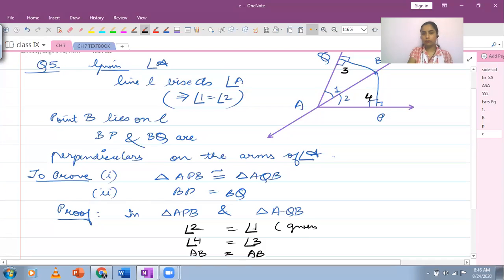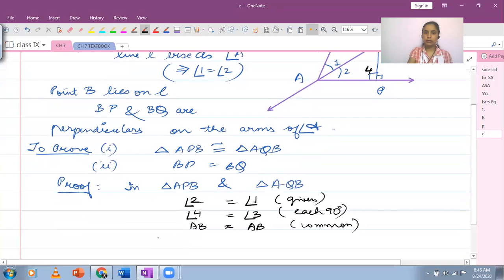Let's write the reasons. This is given to me by the bisection. Then this is because each is 90 degrees, the perpendiculars that were drawn. And the third one is common. And hence the two triangles are congruent by AAS rule.